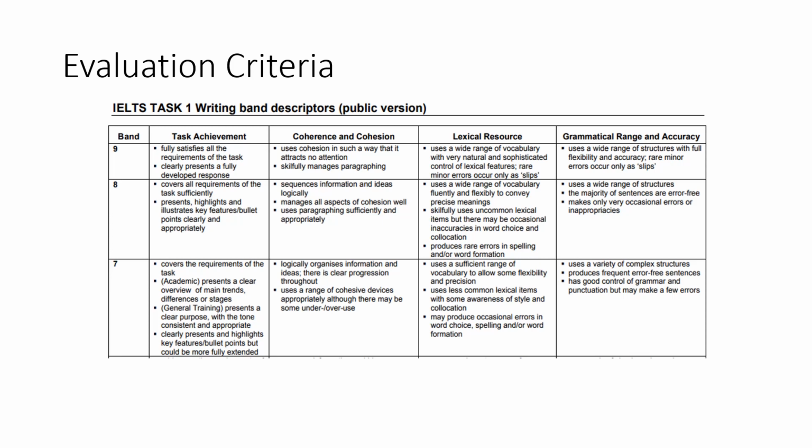Here it says lexical resource, which means are you able to use a wide range of words with very natural and sophisticated control of their features, and minor errors and slips are okay according to them. So, more or less, you are supposed to use contextual words which fit very well in that context.